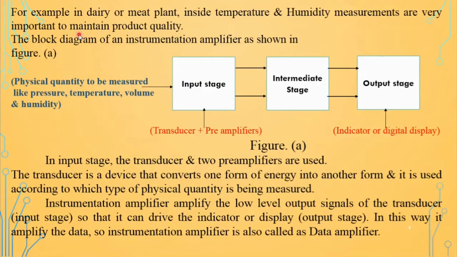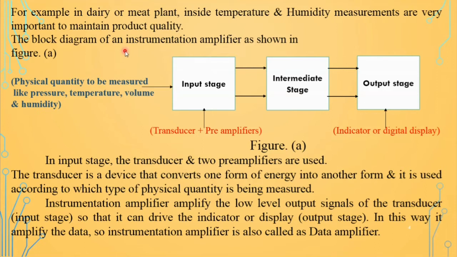For example, in the dairy industry and meat plants, temperature and humidity measurement are very important to maintain the product quality. So we want to maintain the product quality, and for that purpose we are using the instrumentation amplifier.